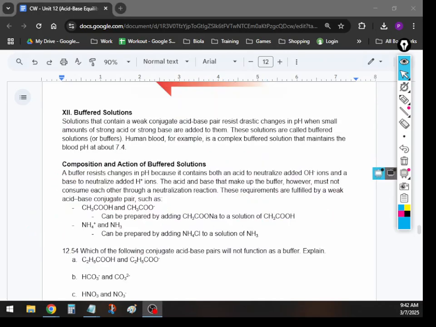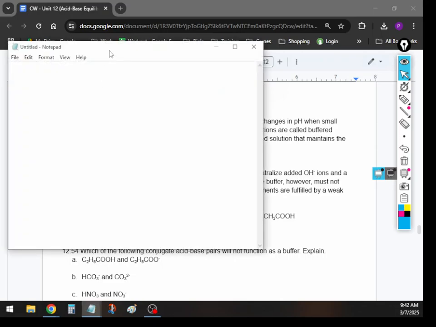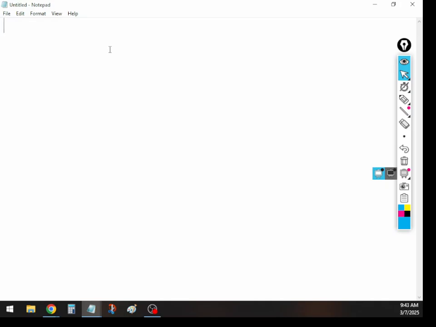Okay, so we only have 2 topics left for this unit, but they are kind of dense topics, so we'll probably not get through the whole thing for this topic today. Just keep that in mind. But the next topic we're going to be talking about is something called a buffer. Okay, I'm going to type it up on the screen actually, just to make it a TLDR because I don't want to go through the entire reading part of it.